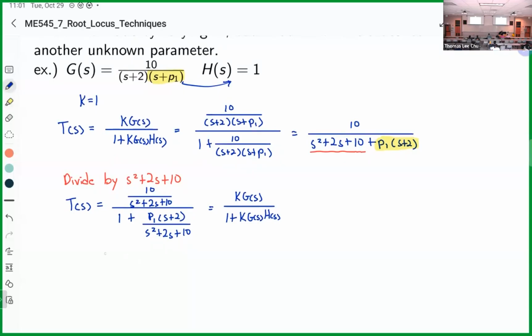So now we get a new definition of k g of s h of s, which is equal to (p1 s plus 2) divided by s squared plus 2s plus 10.